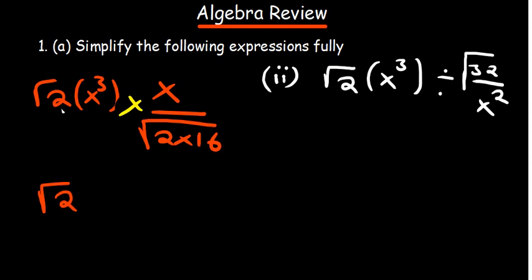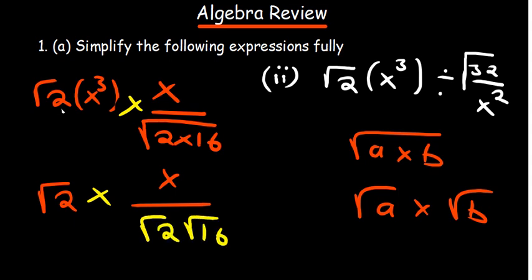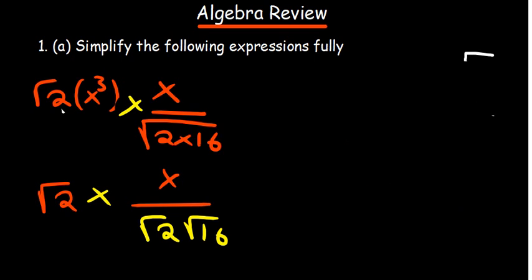So whenever you have root of something, a by b, this is equivalent to root of a multiplied by root of b. So we can split that as well in such a case. So we have x over, so first of all we have root of 2, then root of 16. Okay, so from there we can move a bit.